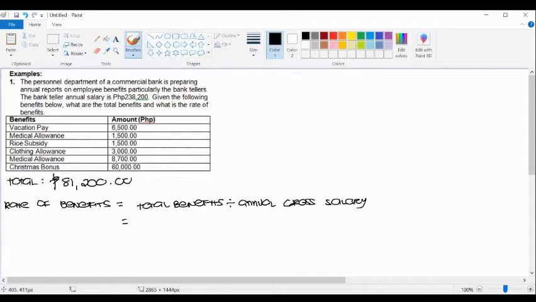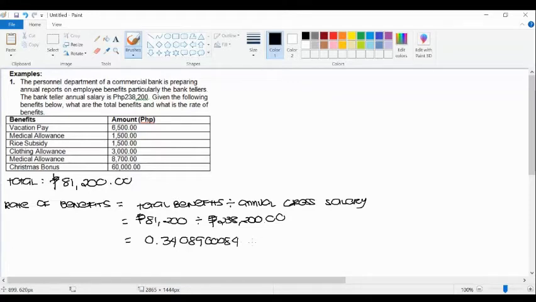81,200 pesos. Now, to get the rate of the benefits, the formula will be total benefits divided by annual gross salary. So, 81,200 divided by 238,200 pesos. So it will give us an answer of 0.34089.